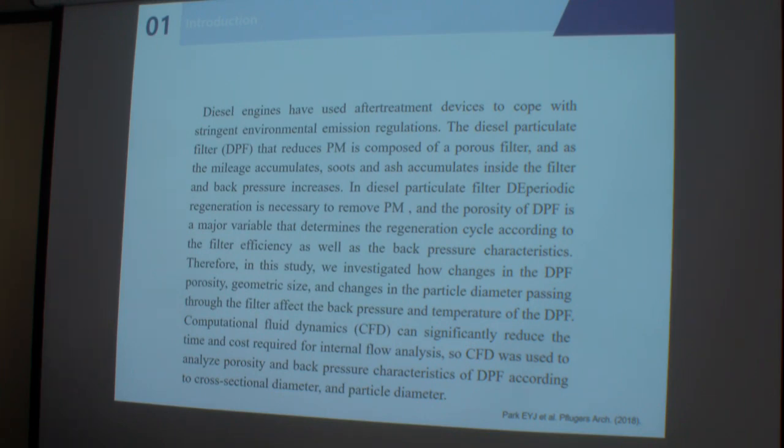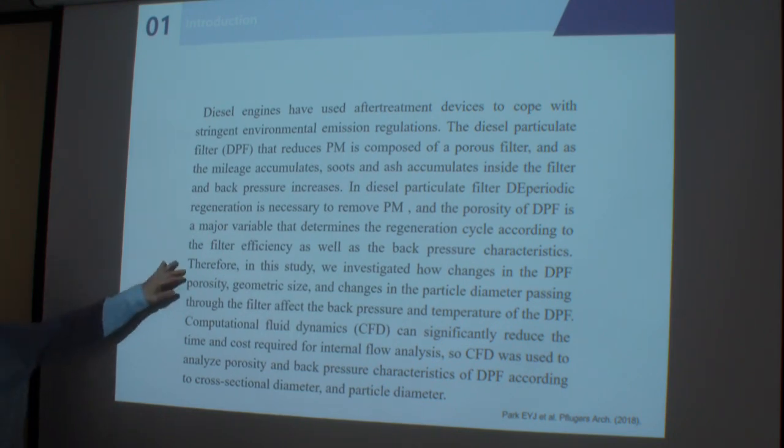And as the mileage accumulates, soot and ash accumulate inside the filter, and the back pressure increases. In diesel particulate filter, periodic regeneration is necessary to remove PM, which is particulate matter, and the porosity of DPF is the major variable that determines the regeneration cycle according to the filter efficiency as well as the back pressure characteristics.